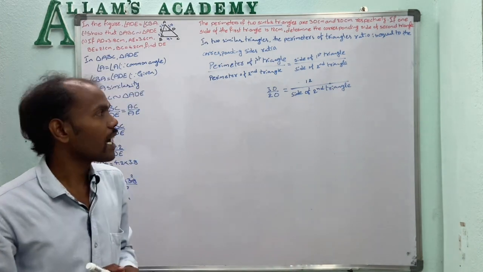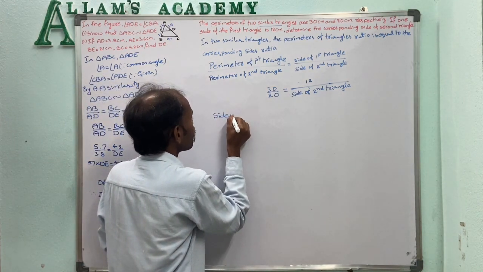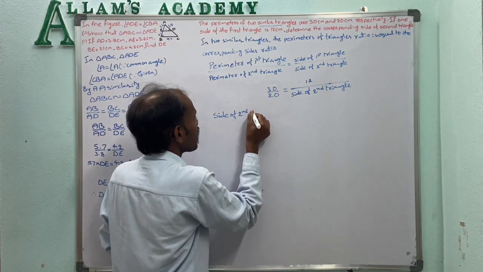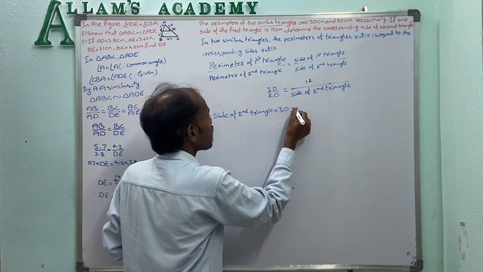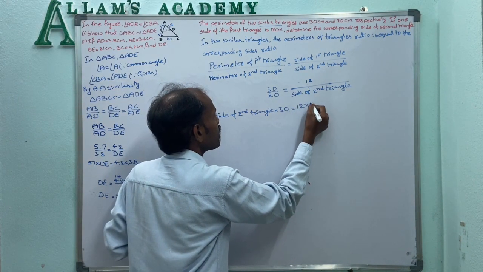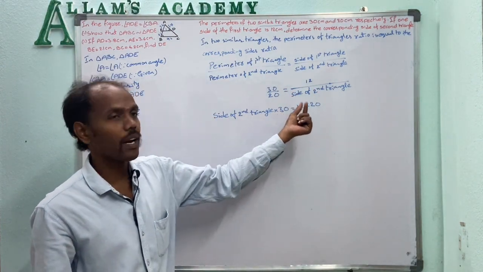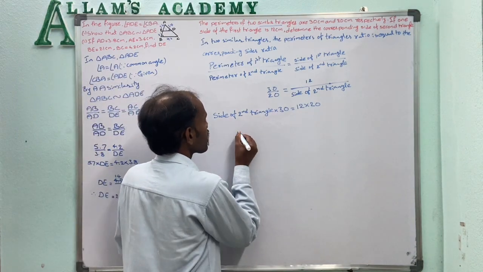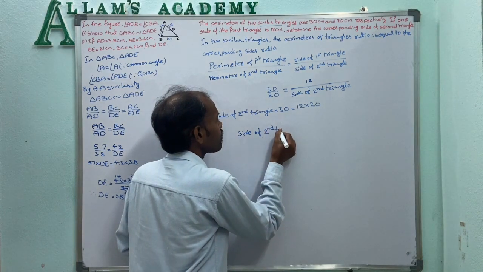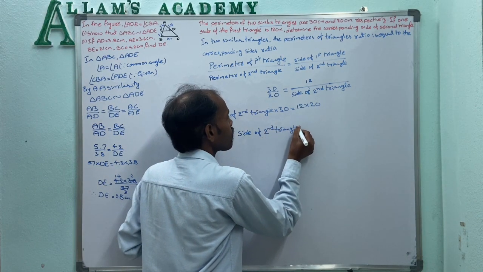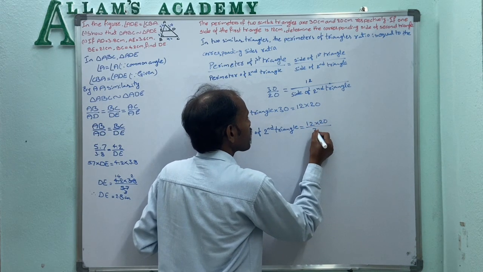Now by cross multiplication, side of second triangle into 30 equals 12 into 20. So we need the side of the second triangle. The multiplication by 30 is transferred, that is nothing but division. So side of second triangle equals 12 into 20 by 30.